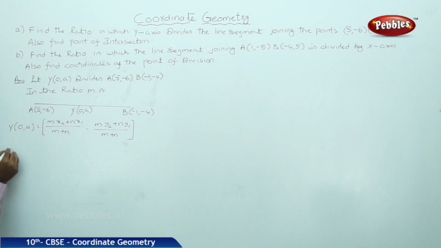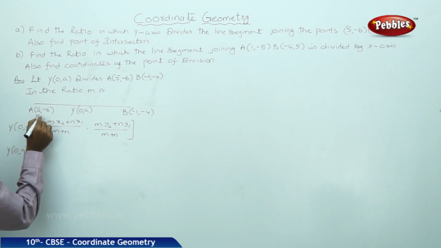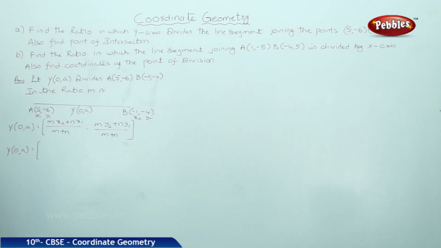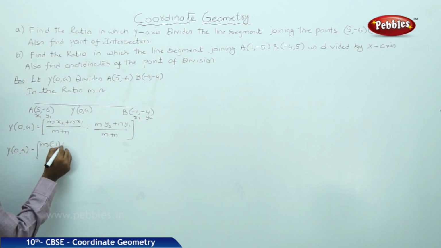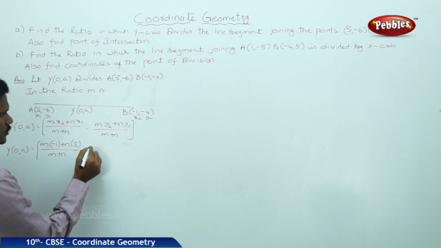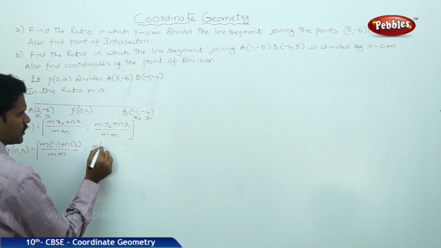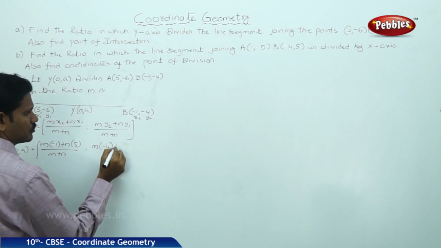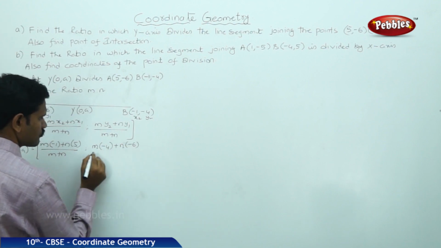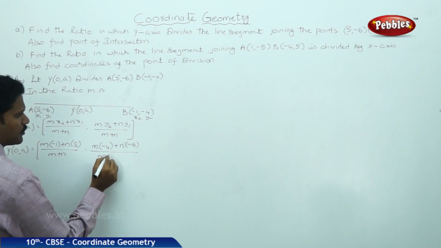That is Y of (0 comma a) is equal to, with x1 y1, x2 y2: m into x2 minus 1 plus n into x1 5 by (m plus n), m into y2 minus 4 plus n into y1 minus 6 by (m plus n).